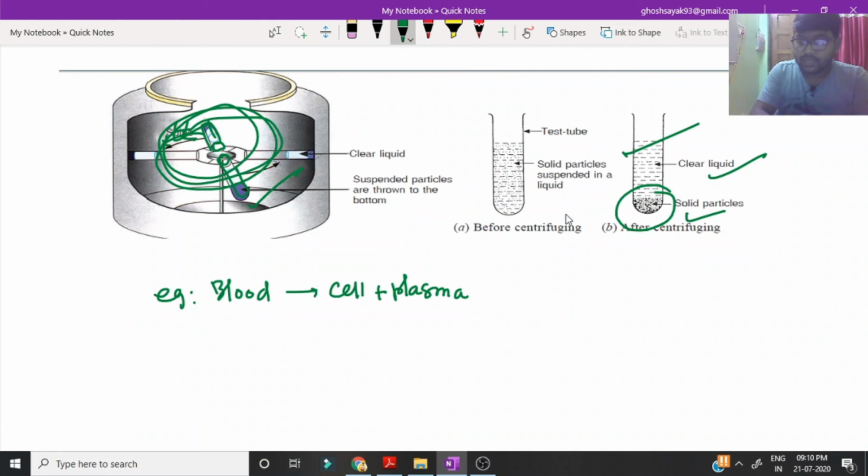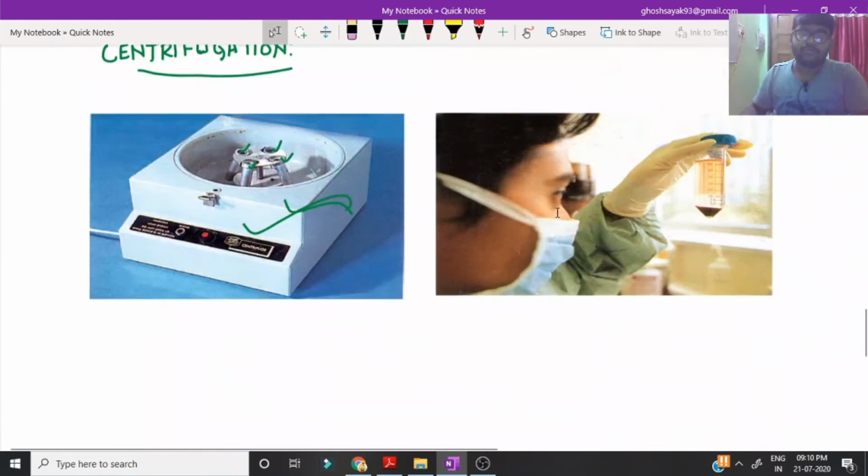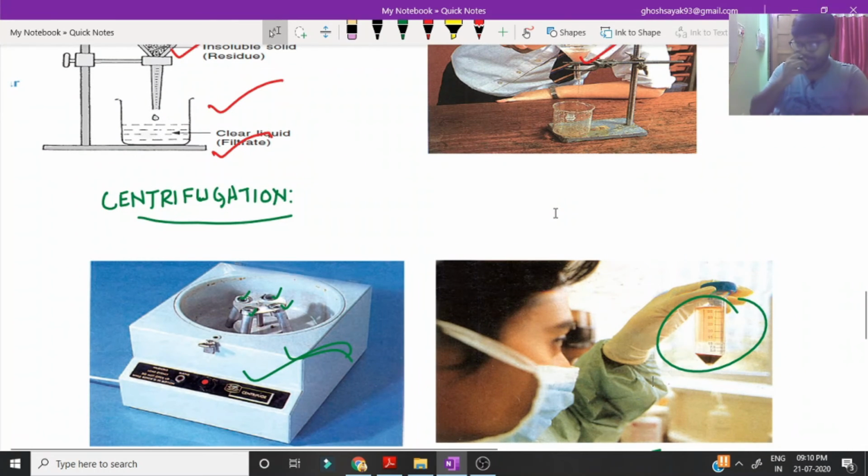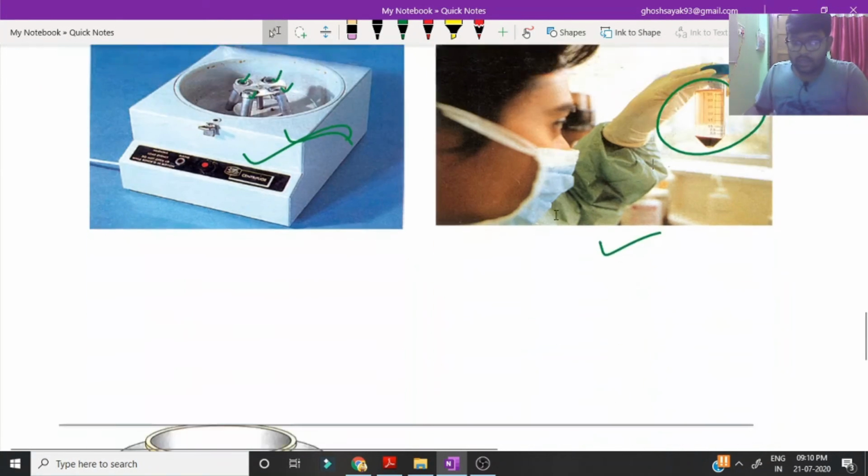All right, blood cell and plasma. So we can separate the mixture of blood cell and plasma by applying this method of centrifugation, right? Exactly. What has been done over here is called the centrifugation.